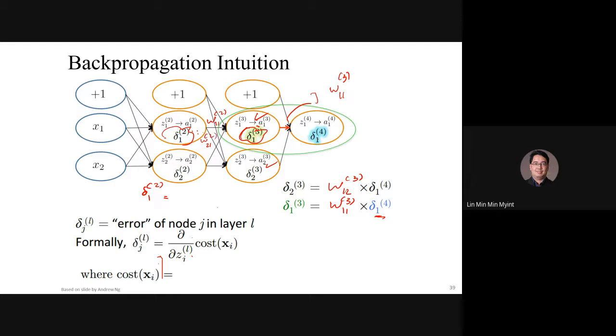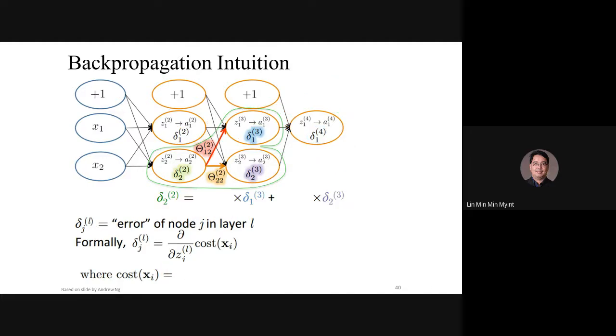This error is multiplied with W112 and the error sigma 1 3, plus the contribution of the other weight with its error. Similarly, for sigma 2 2, we calculate this weight multiplied with sigma 1 3, plus W 2 2 from layer 2 multiplied with sigma 2 3.